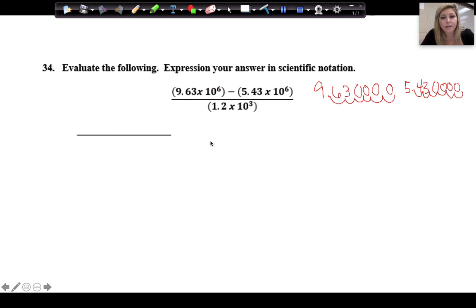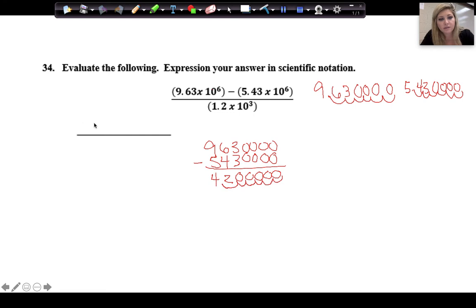Okay, and then we're subtracting these, so make sure to line up your decimals. 1, 2, 3, and 4. 3, 4, and 5. Two and 4. Okay, so then 1, 2, 3, 4, 5, 6.